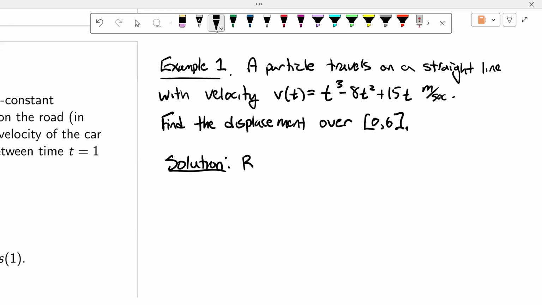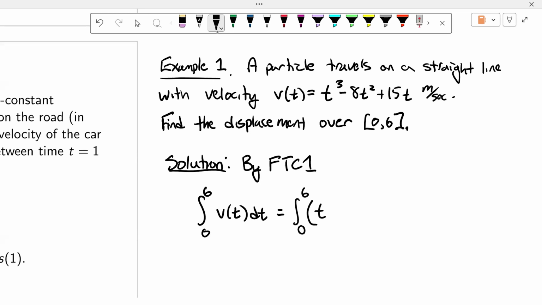We can use FTC1. We're going to set up this integral from 0 to 6, v of t dt. And I'll just plug in what my v of t is. It's that t cubed minus 8t squared plus 15t dt.